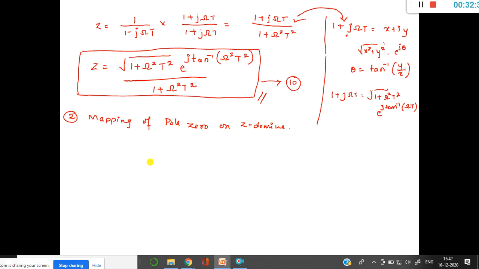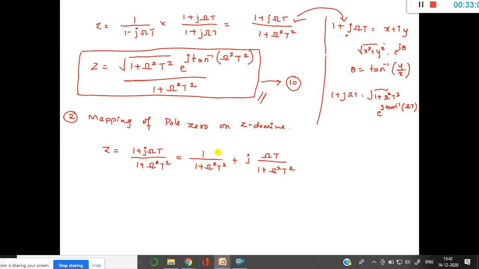Okay, so consider this equation once again. Z is equal to j omega T divided by 1 plus omega square T square. So I can rewrite it as 1 divided by 1 plus omega square T square, plus j times omega T divided by 1 plus omega square T square.